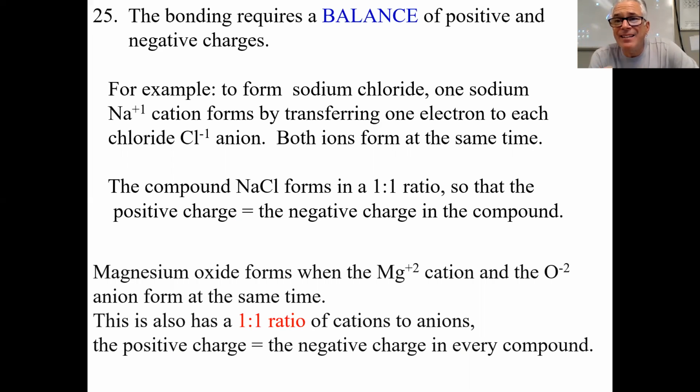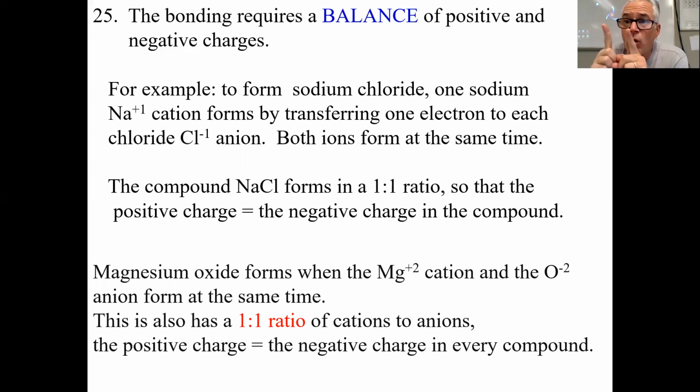Now, magnesium oxide, you saw this in the lab. We burned the magnesium and I showed you that white crystal powder that it formed, magnesium oxide. Magnesium makes a +2 ion. Oxygen has to gain 2 electrons. So 1 magnesium can lose or transfer 2 electrons and the oxygen picks them up. So we get a +2 and a -2.